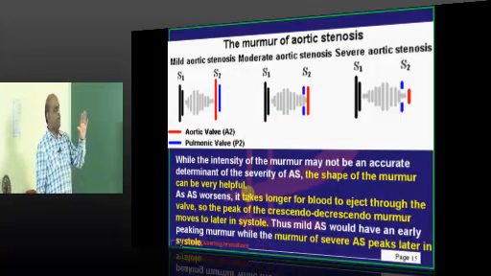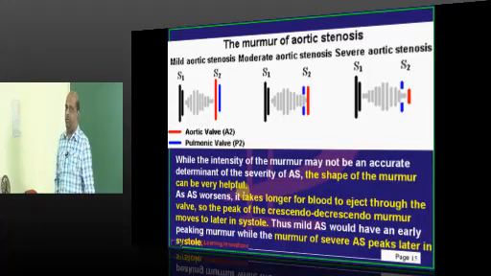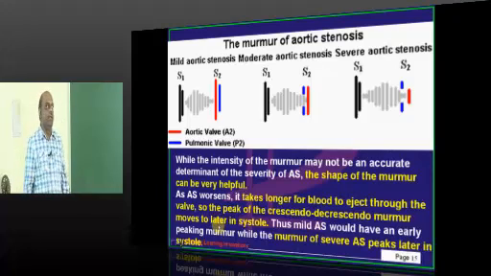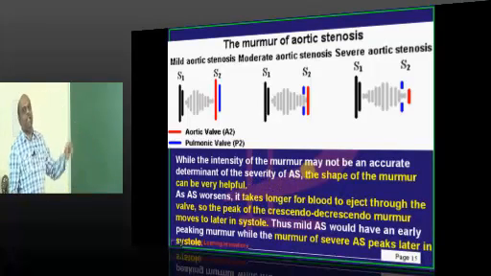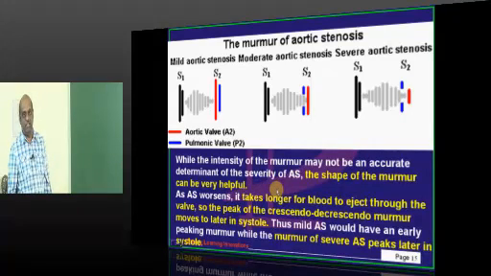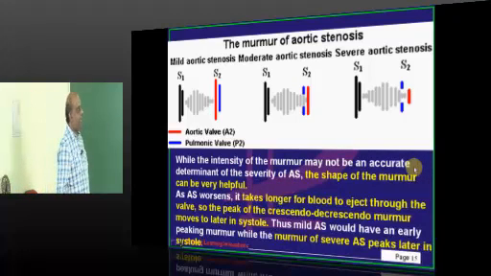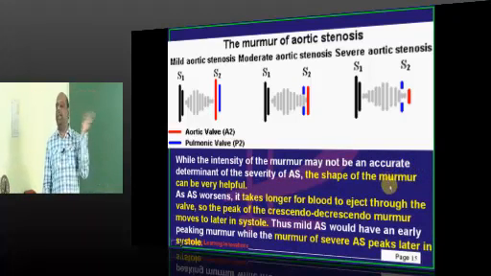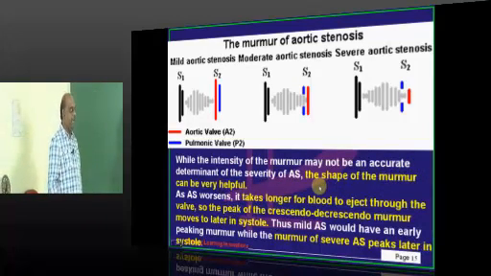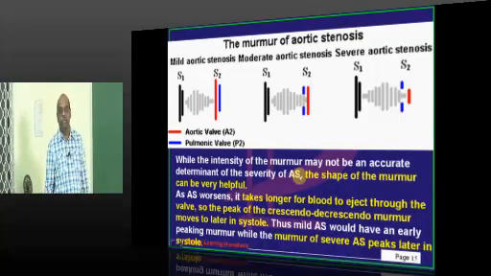Now, one common question asked frequently in the entrance exam, gold medal point, which I told you, which you have to be sure. How is the intensity of the murmur and its relationship with the severity of the aortic stenosis? Typically, intensity of the murmur is not an accurate measurement of the severity of the aortic stenosis.